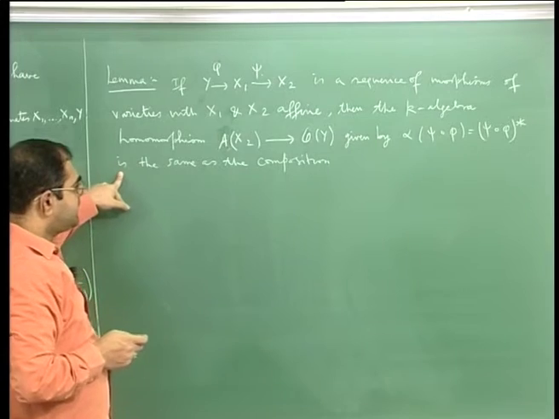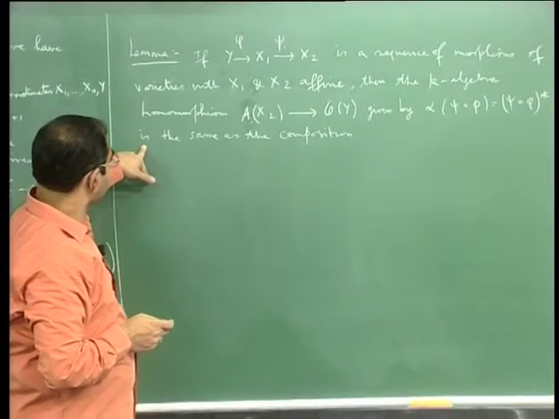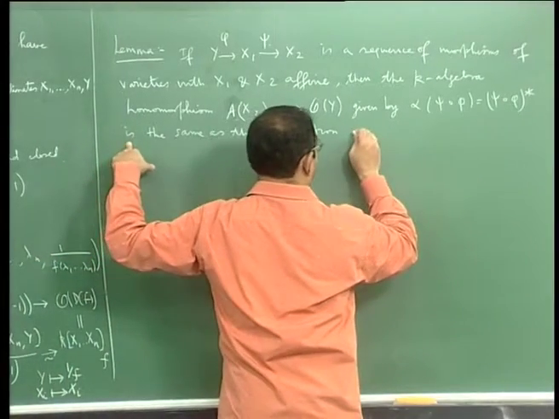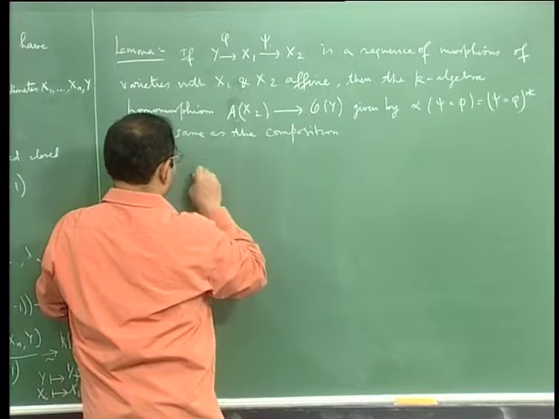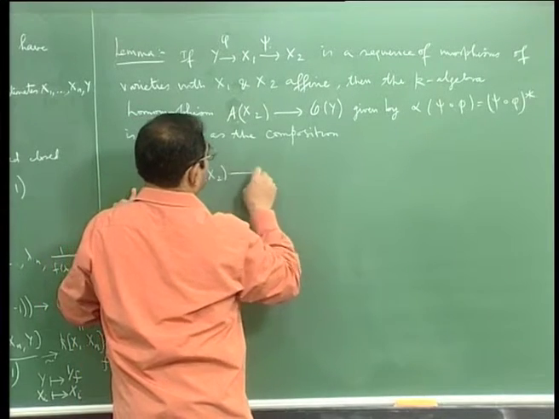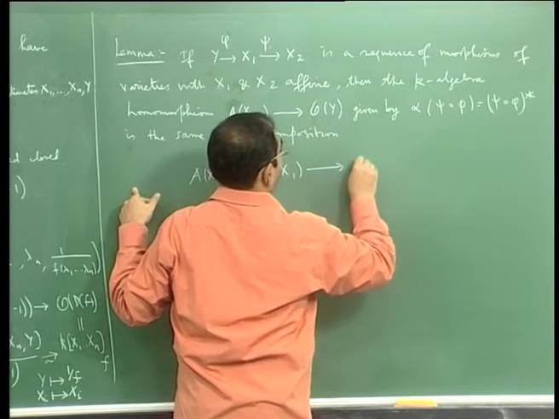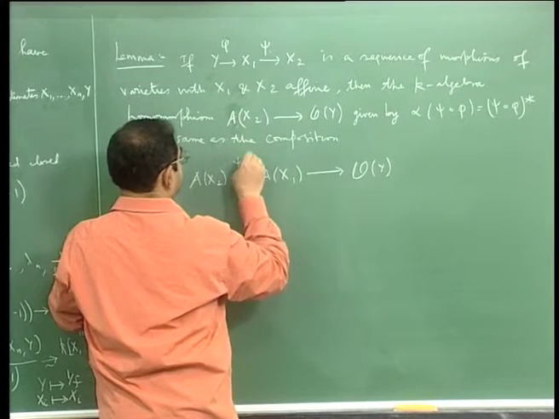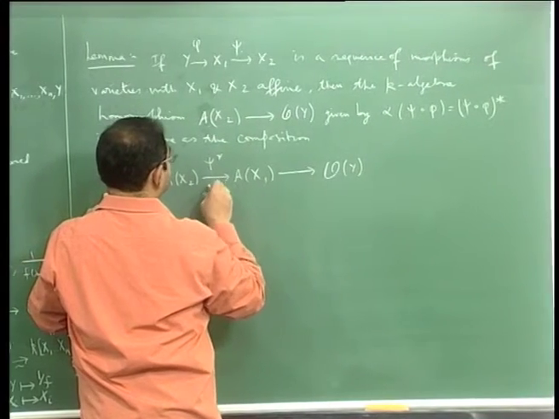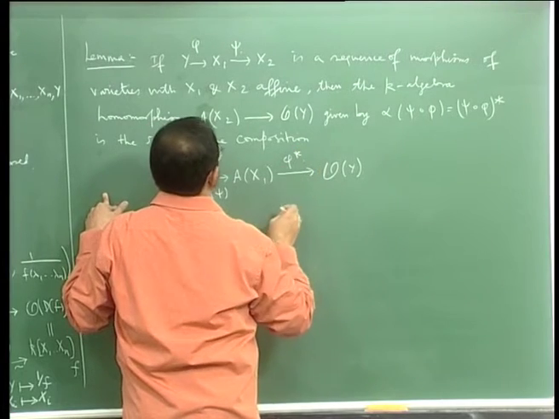It is given by alpha of psi circle phi, which is the same as the composition A of X2 to A of X1 to O of Y, which is psi upper star, then phi upper star.